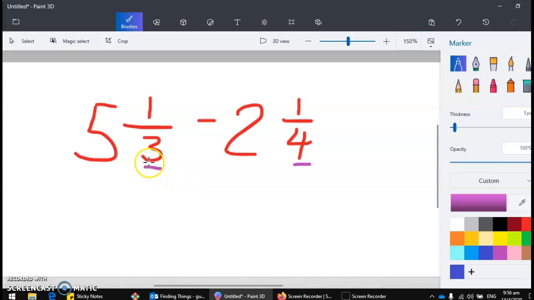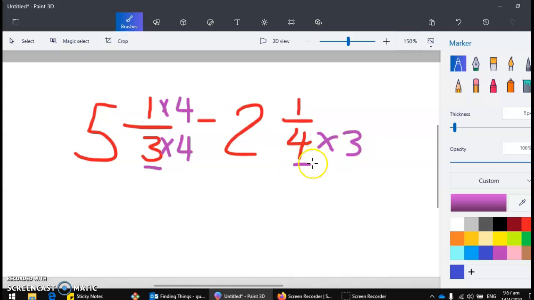Alright, 3 and 4. So let's do 3 first. 3 times 4. Whatever you do to the denominator, you must do to the numerator. Here will be 4 times 3.